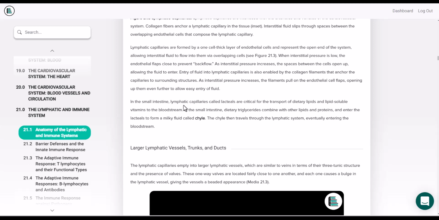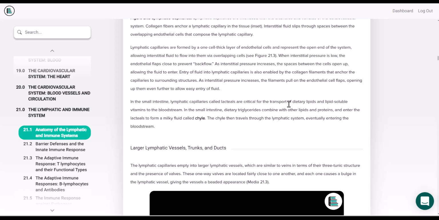Now, in addition to picking up the excess interstitial fluid, another very important thing that lymphatic capillaries do, and this is limited to the small intestine. I didn't mention this a moment ago, but your small intestine also has a very significant collection of lymphatic capillaries around it. And those lymphatic capillaries are referred to as the lacteals.